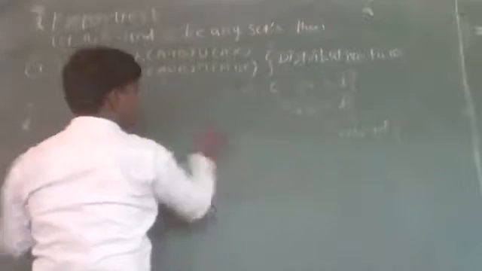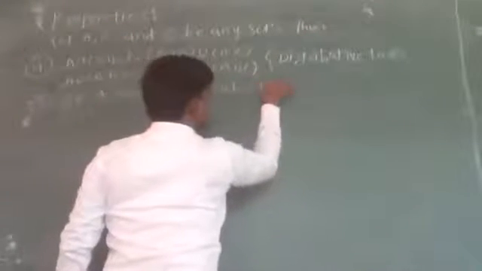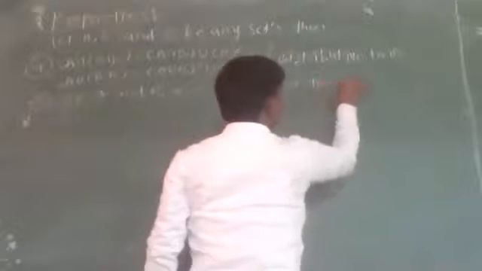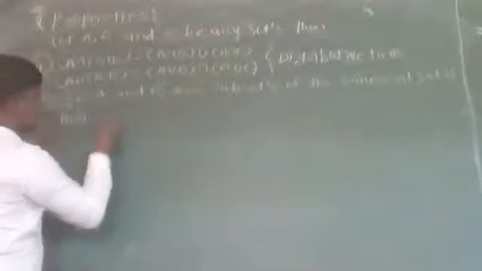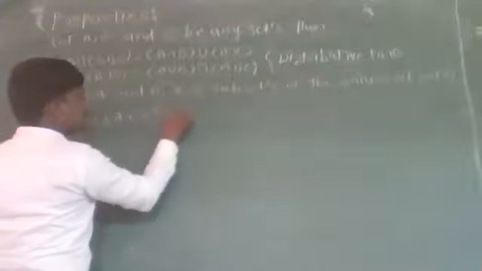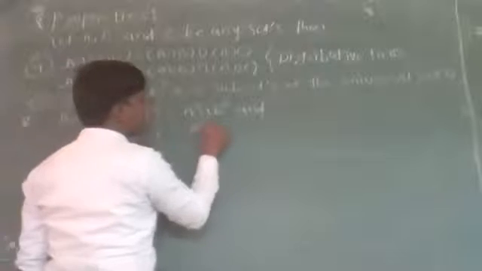Now, the fifth property is: if A and B are subsets of the universal set U, then A union B complement is equal to A complement intersection B complement, and A intersection B complement is A complement union B complement.